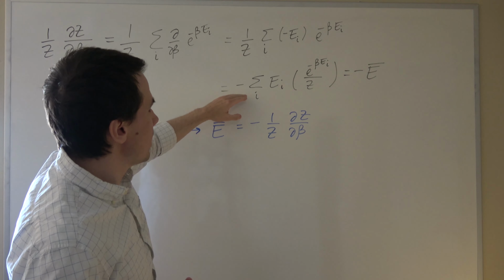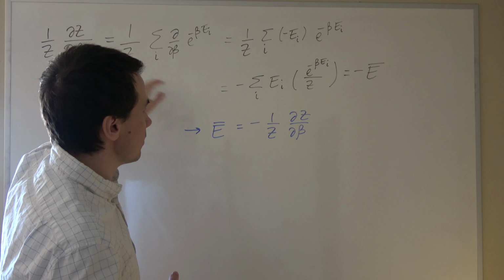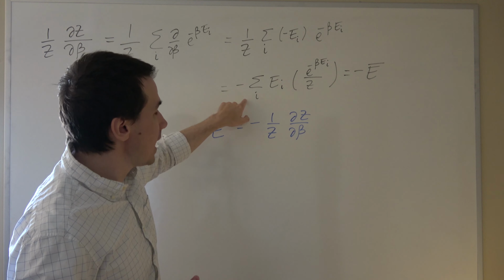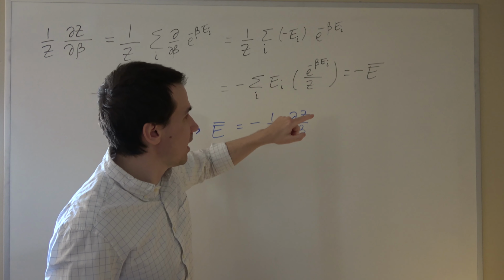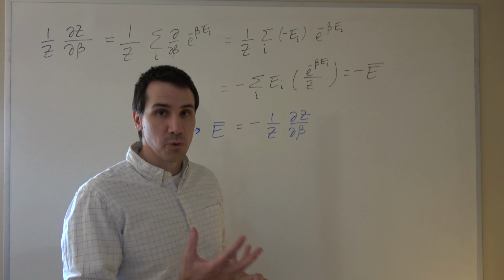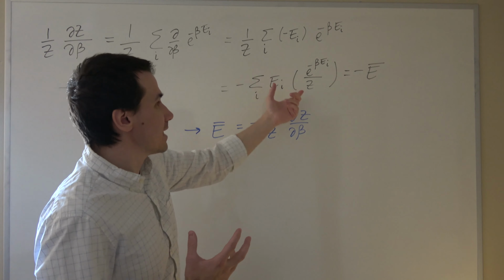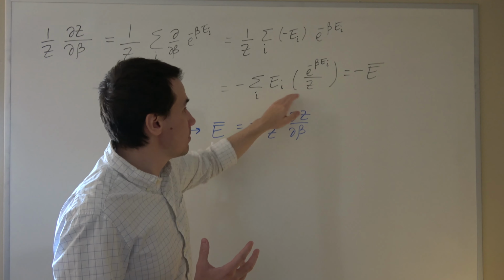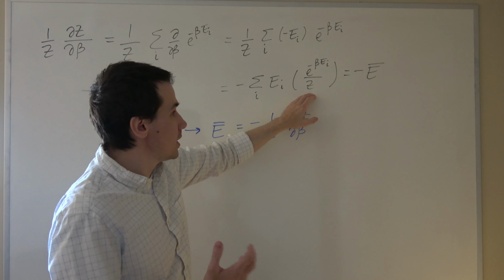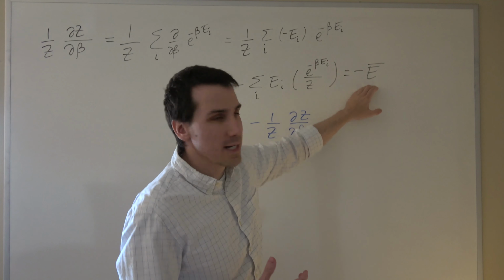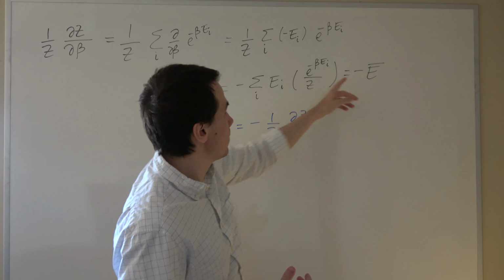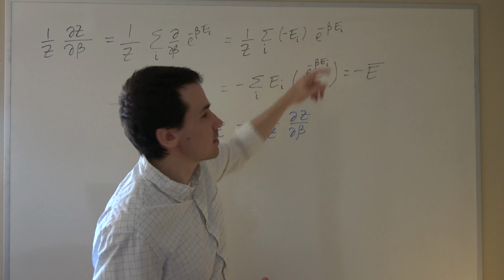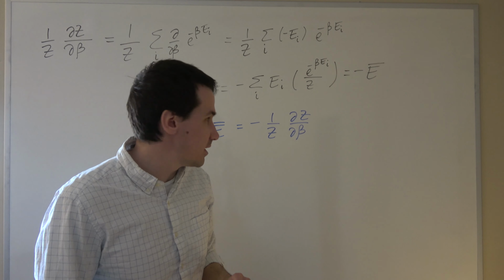And so what we find is that this partial derivative actually equals negative the energy multiplied by the Boltzmann factor divided by the partition function for each state, which looks exactly like our weighted average. The energy multiplied by the probability for each state, summed up, which is our definition of the average energy, and we have a minus sign up front because of the minus sign pulled down when we took the derivative.